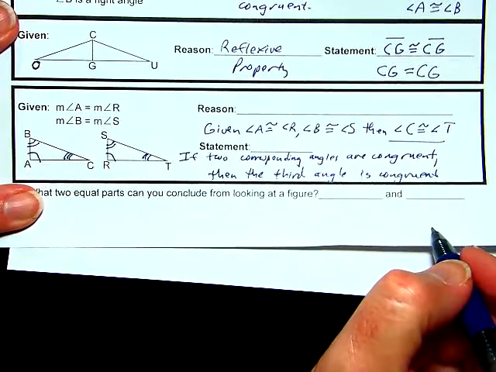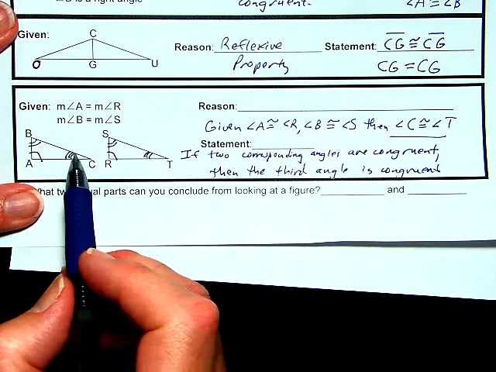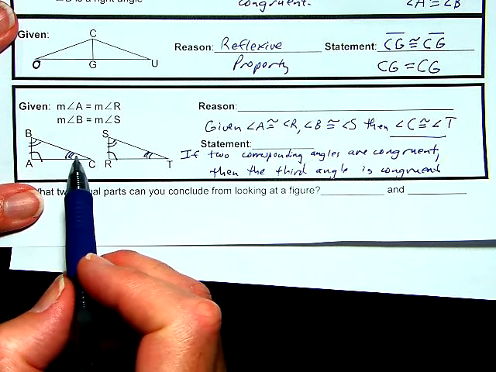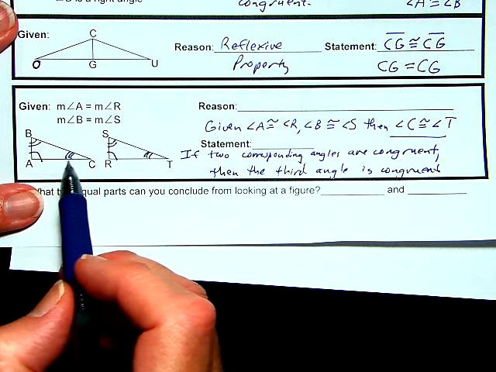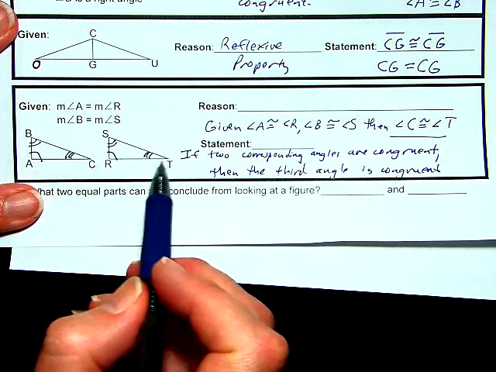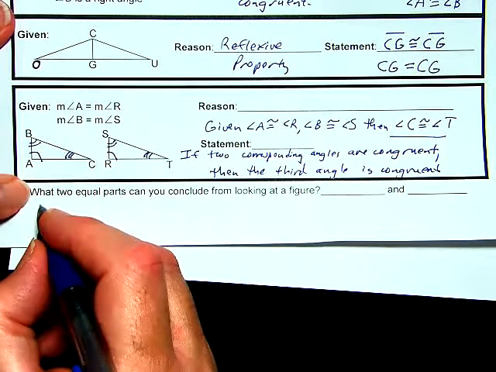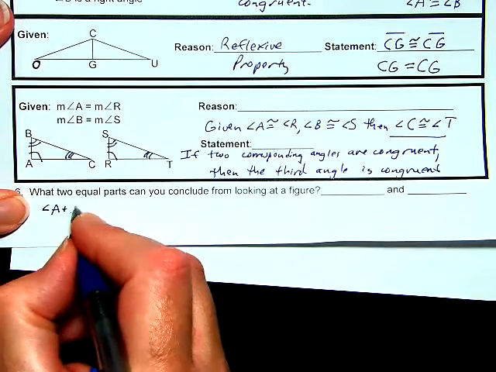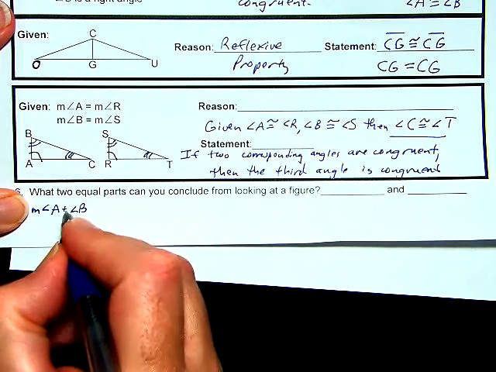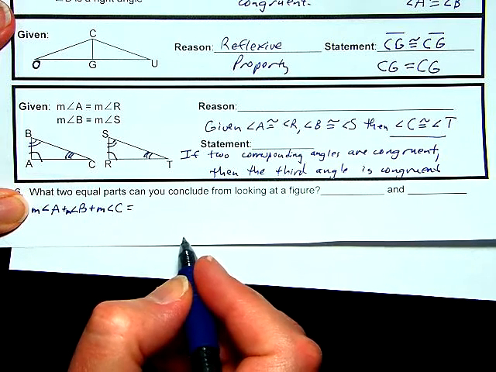If this isn't intuitively obvious, the reason is because we know that the angles of a triangle have to add up to 180 degrees. So these angles have to add up to 180, and so do these angles. So let's see what that means. That means that the measure of angle A plus the measure of angle B plus the measure of angle C has to equal 180.